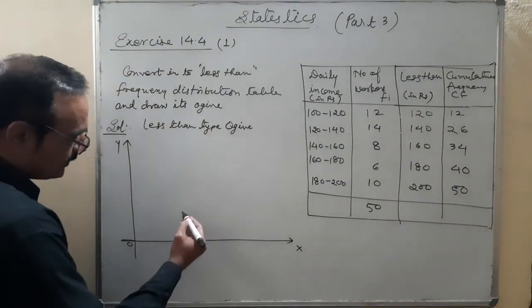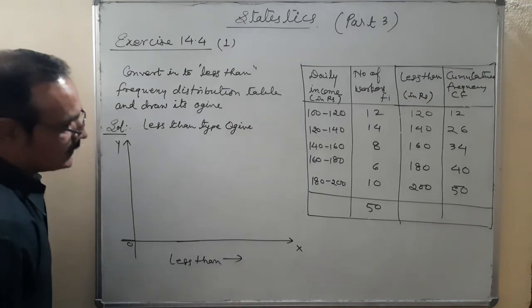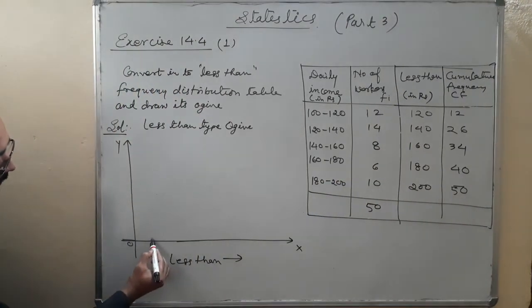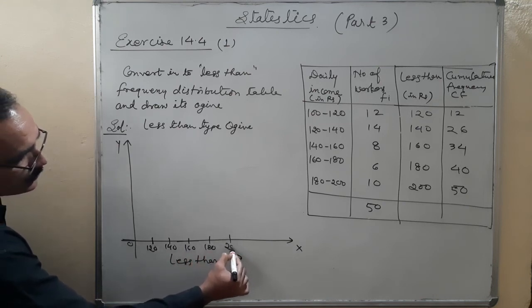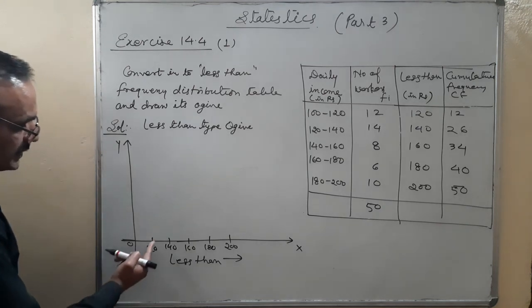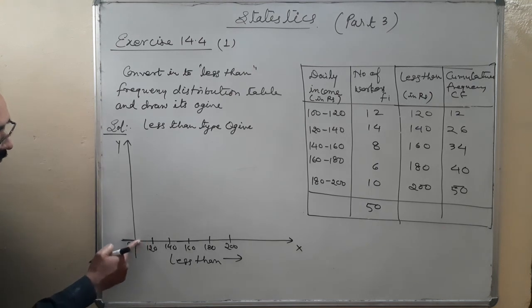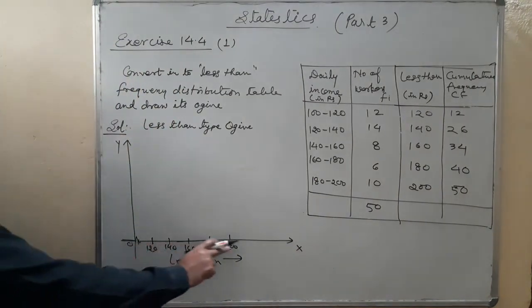So I am writing less than, starting from 120, 140, 160, 180 and 200. Because there's a gap between 0 and 120, a huge gap compared to the 20 gap between 120 and 140, you can put a kink over here. This is the kink symbol. That means we'll compress this interval.